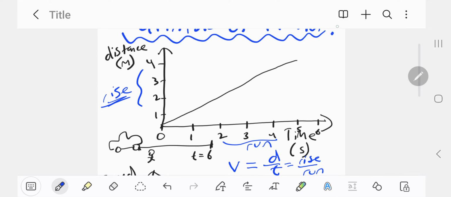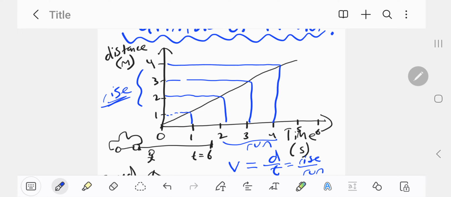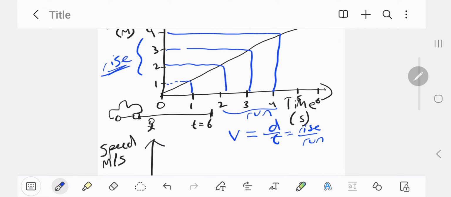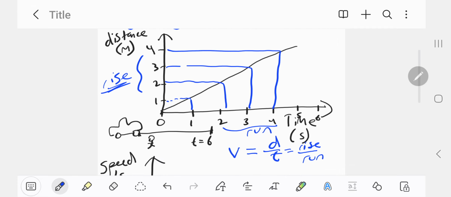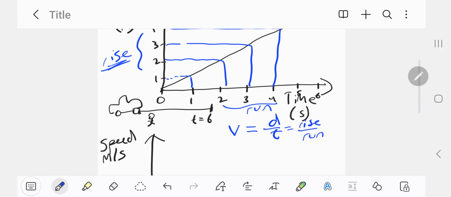So look at each of these data points. Now the scale isn't that good. For drawing the graph, I'm going to stop at 4 seconds. I know there's up to 6 seconds, but I'll stop at 4 seconds.